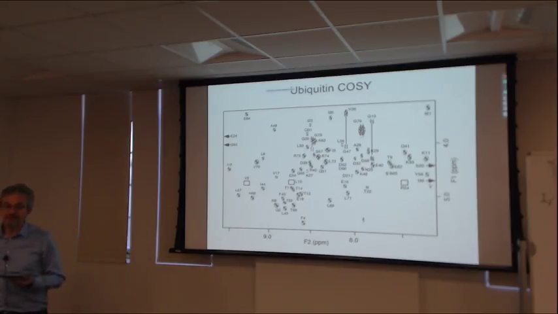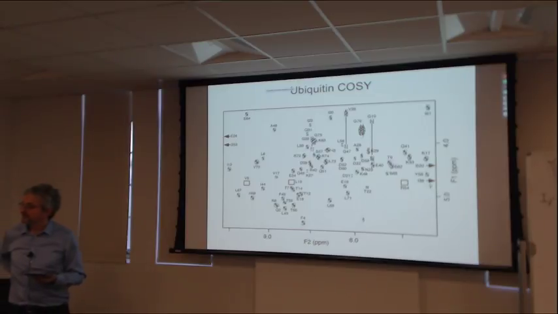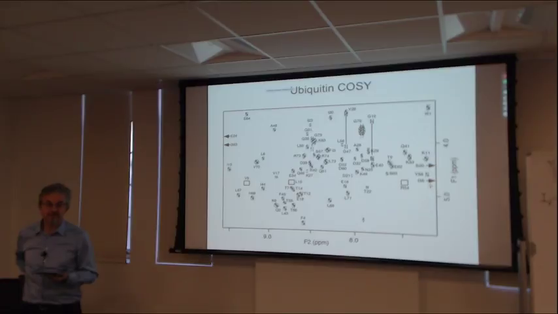The matrix labeled by amino acid position is just a matrix displaying the scalar coupling Hamiltonian. That matrix has zeros in it where there's no scalar coupling, and some non-zero number where there is a scalar coupling. So the 2D spectrum, this 2D COSY, is just a representation of the scalar coupling Hamiltonian for the amide alpha interaction.